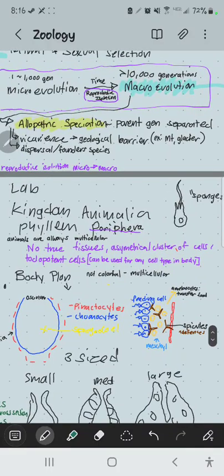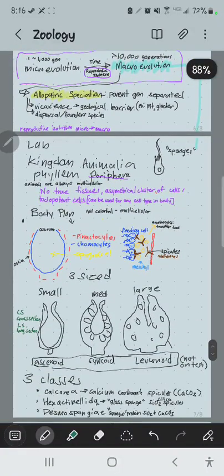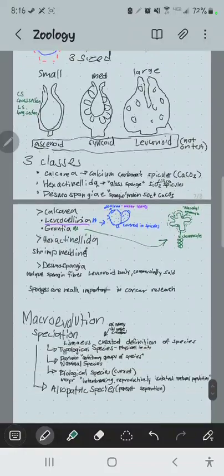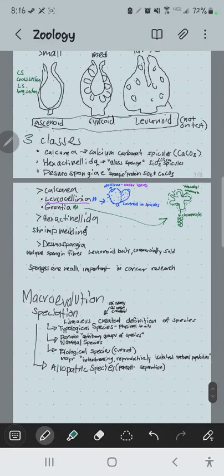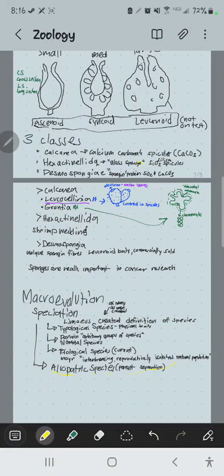So what vicariance means is it's some sort of a geographical barrier that forms and separates populations. So you can think of the Central Valley of California. At various times, the California Central Valley, from what's now Red Bluff or even Redding, all the way down to Bakersfield.